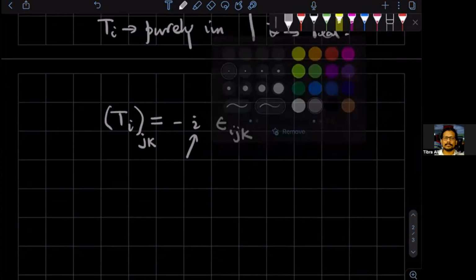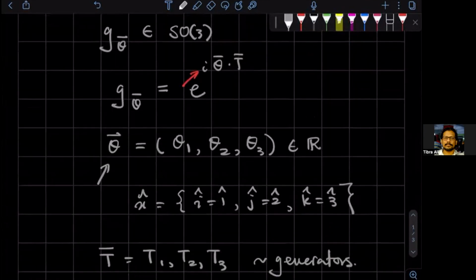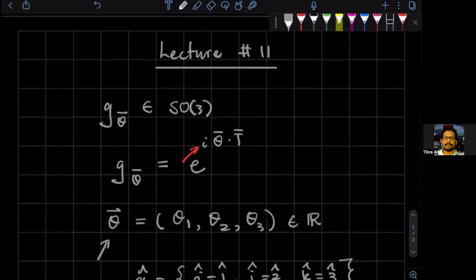Maybe a better notation would have been (T_A)_BC equals minus i epsilon ABC. So these are matrices, but these are numbers.